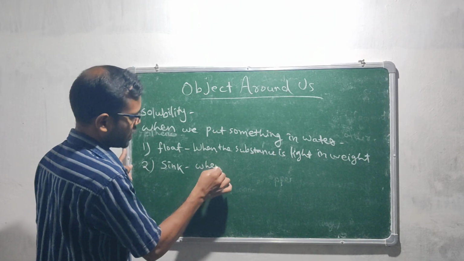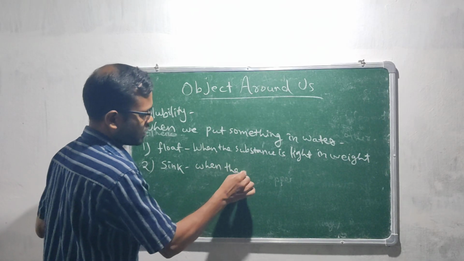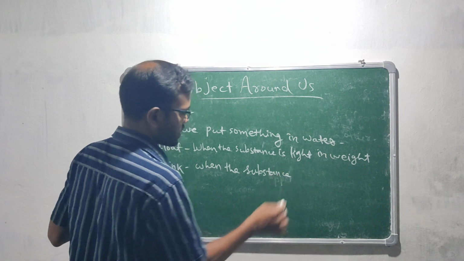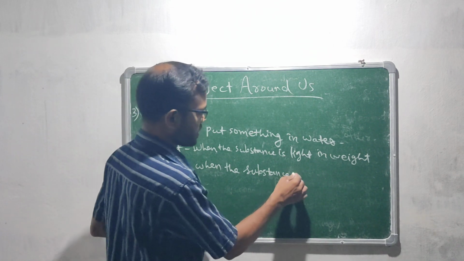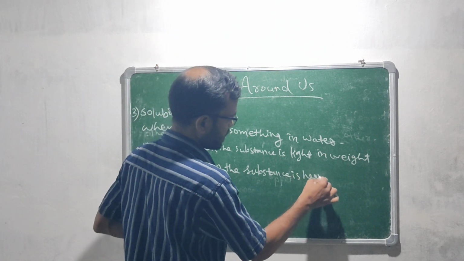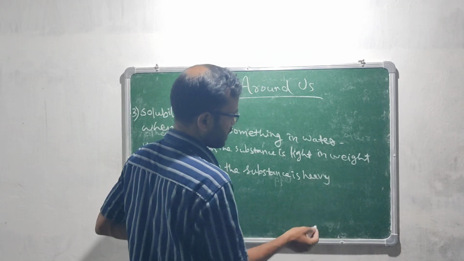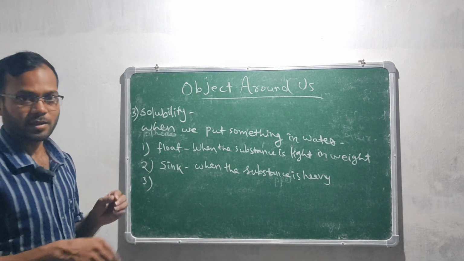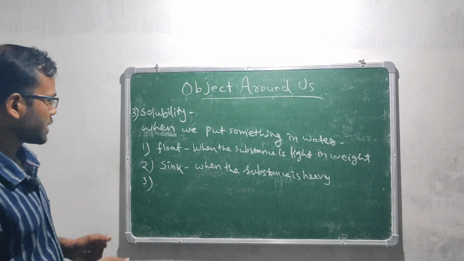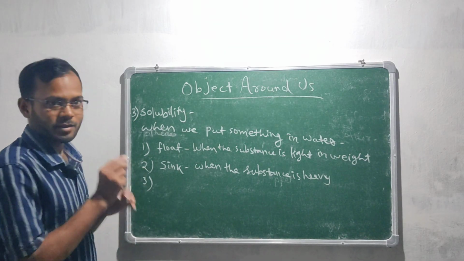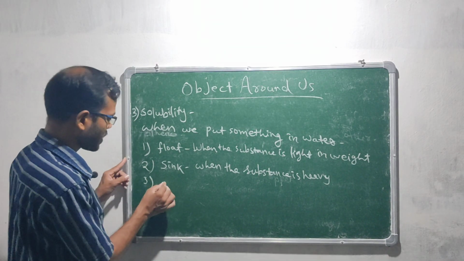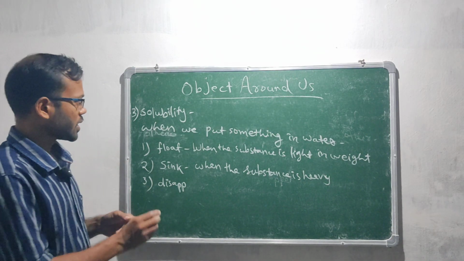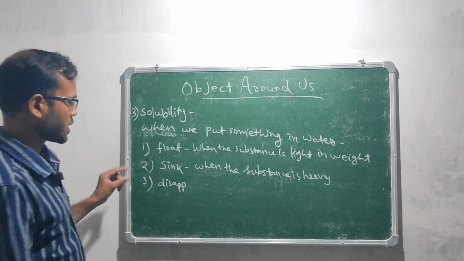It will sink when the substance which we are putting in the water is heavy in weight. Then the last case, the third case, is it will disappear in the water. We are going to study this property of water.